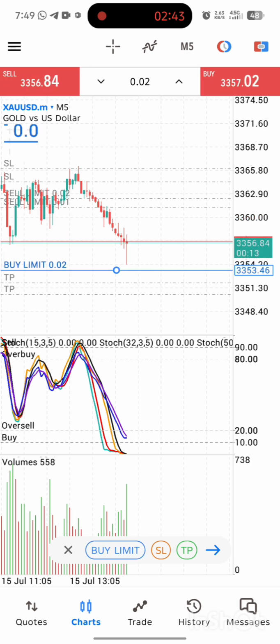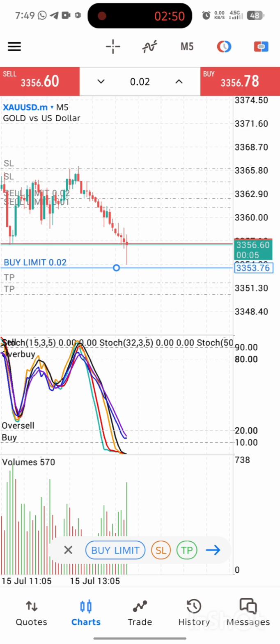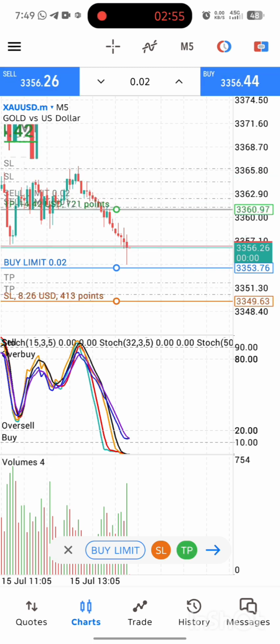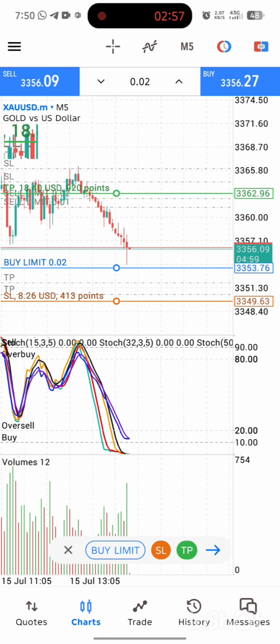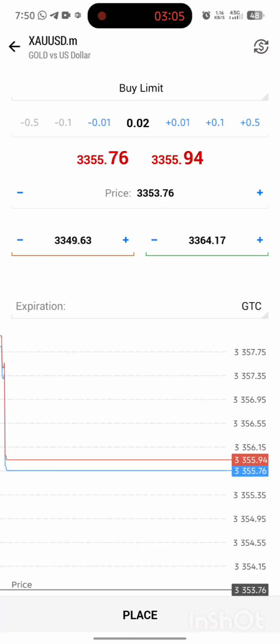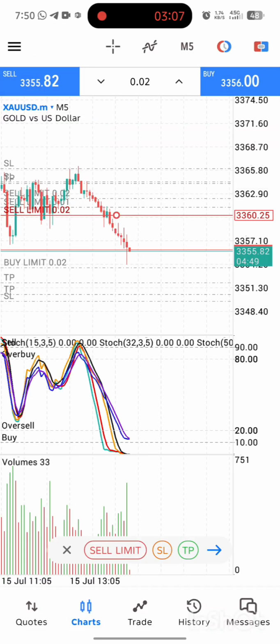So this is where we're gonna put our buy position. Right, this is my buy position. Just gonna put the stop loss, then take profit. Maybe hit the stop loss first, and then take the real profit.